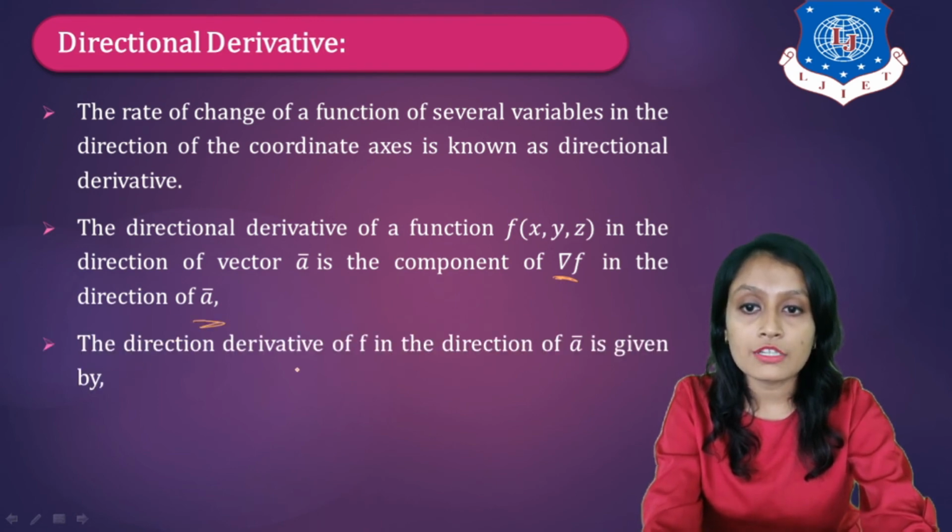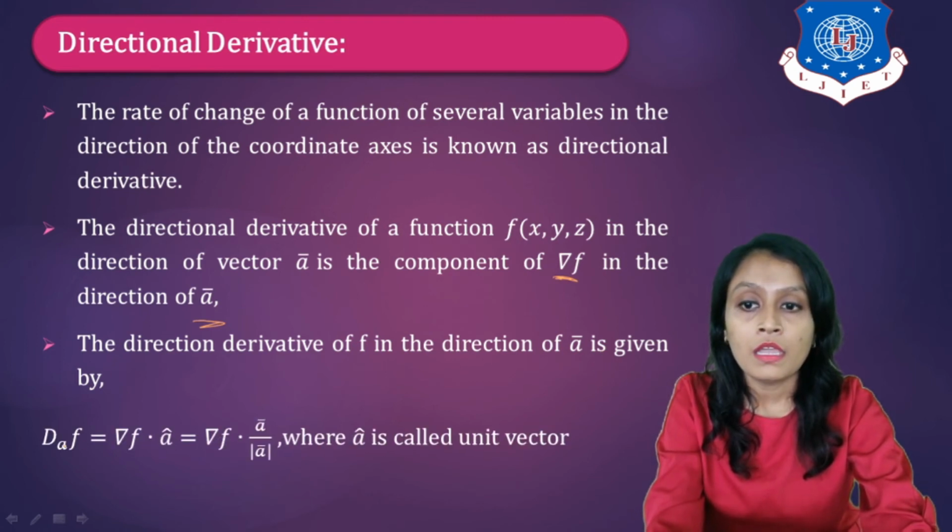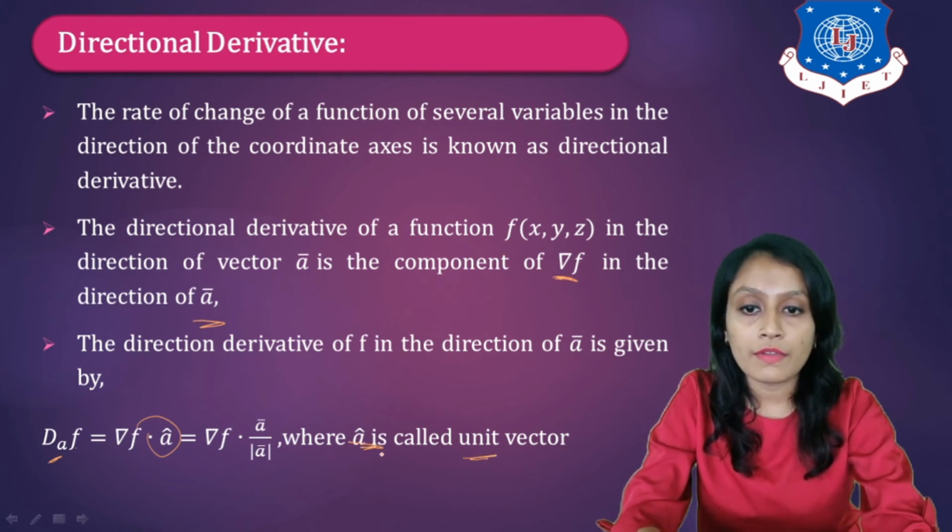The directional derivative of f in the direction of a bar is given by gradient of f into a cap, and this a cap can be written as a bar upon mod of a bar, and this a cap is known as the unit vector.